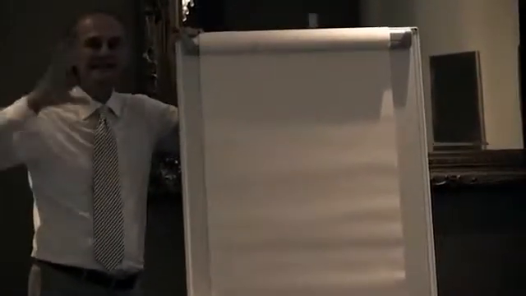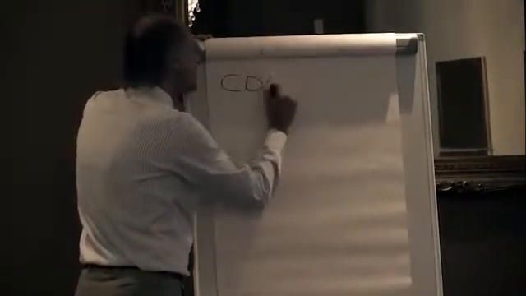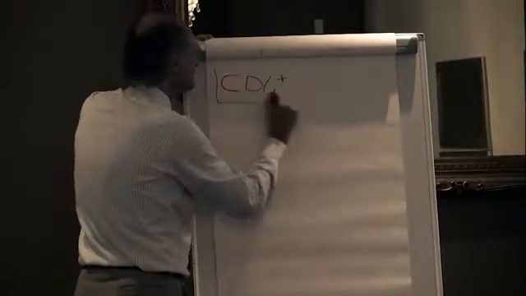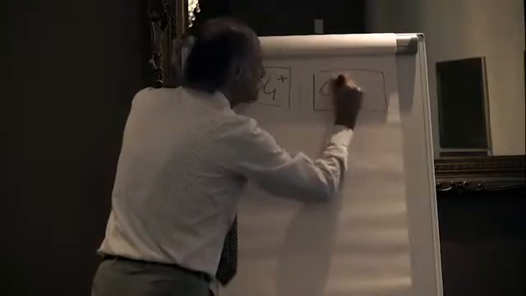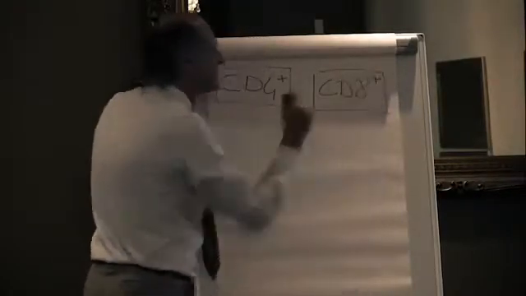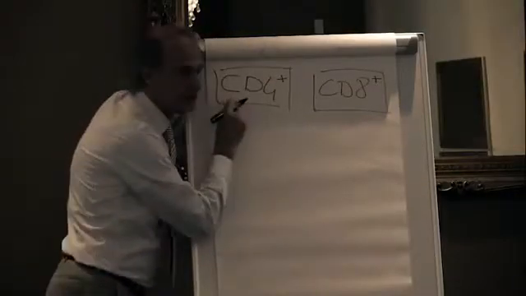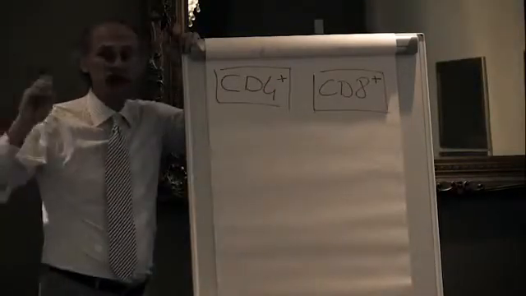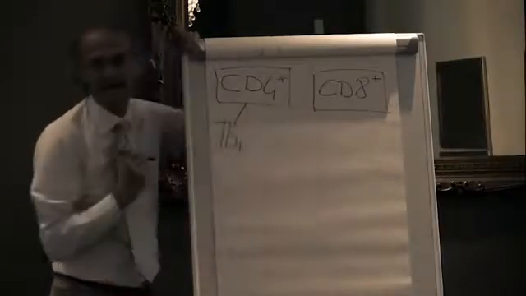We have a lot of immune cells in our body. Please divide them into big families that are CD4 lymphocytes and CD8 lymphocytes. From CD4, we differentiate Th1 lymphocytes.